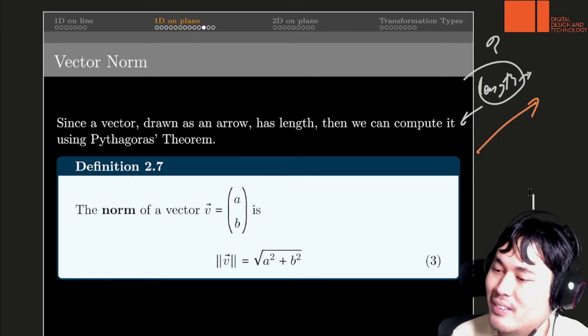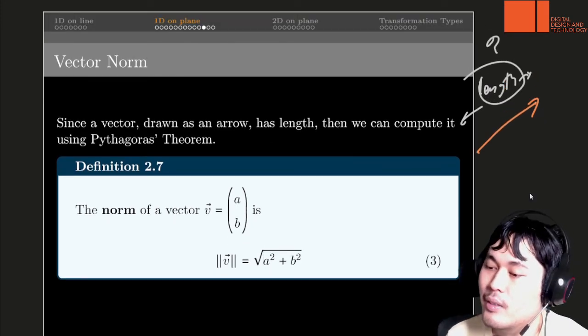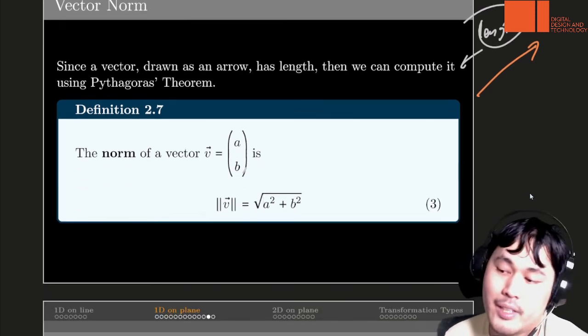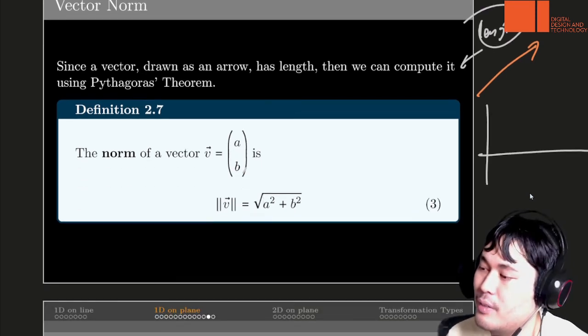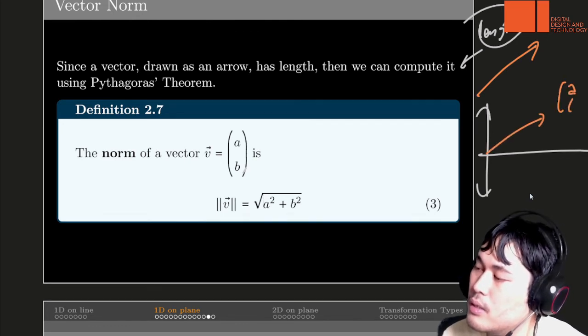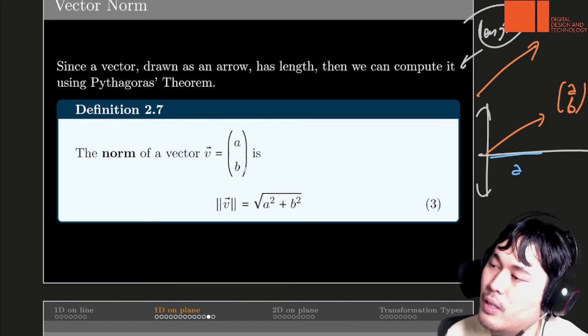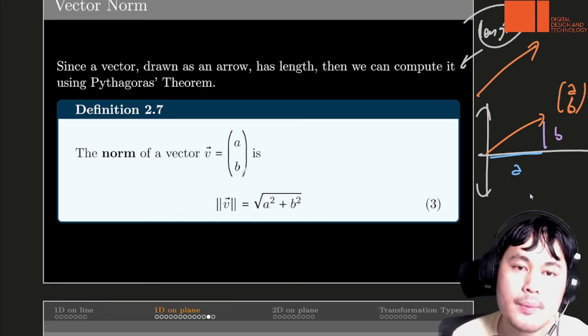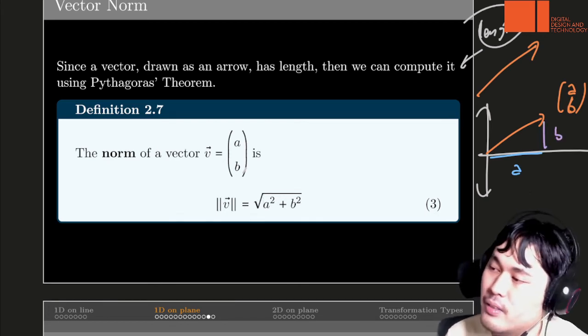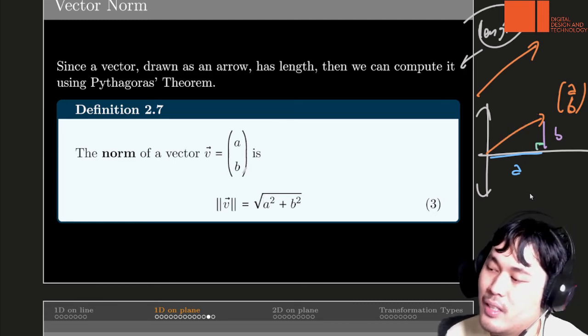That's the notion of vector's length, which you can easily compute using the Pythagoras theorem, because if you have a plane, and this is a vector AB, this means you walk to the right by A steps, you walk up by B steps, and these two movements happen to be orthogonal. So you can find the length of this by using the Pythagoras theorem.